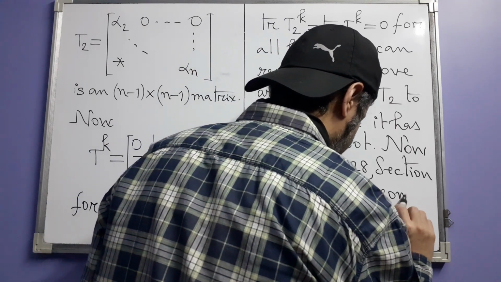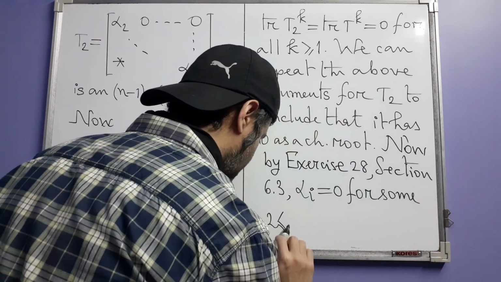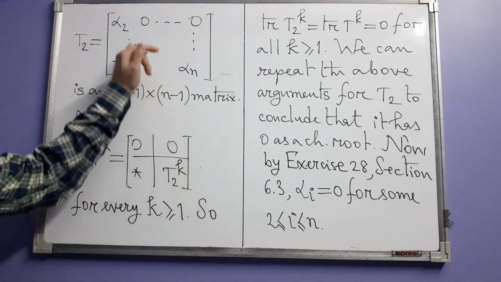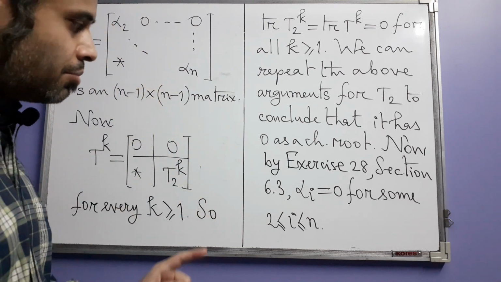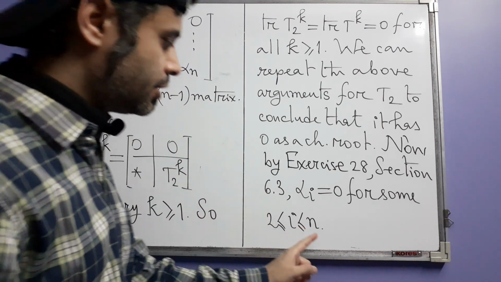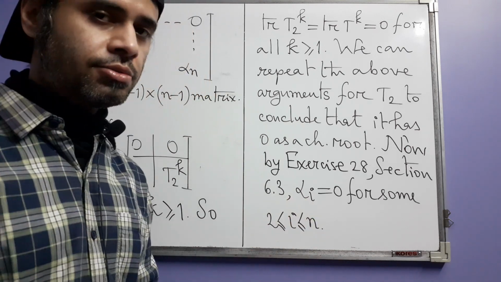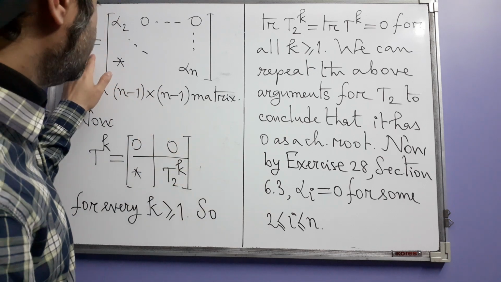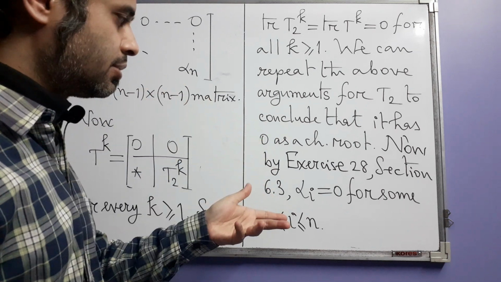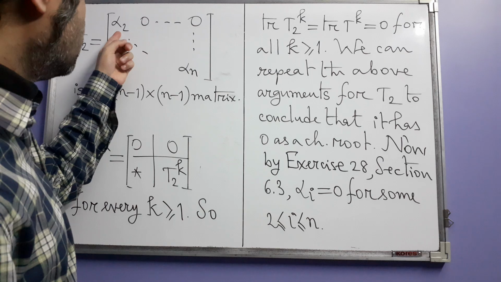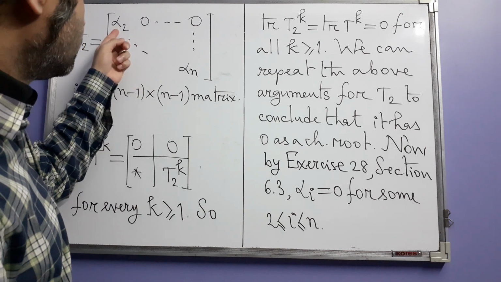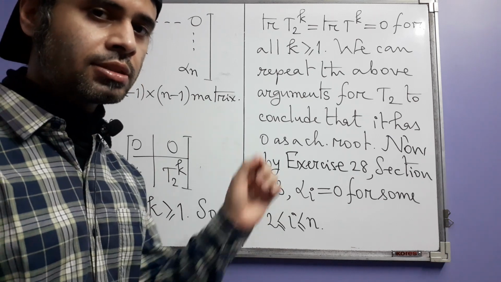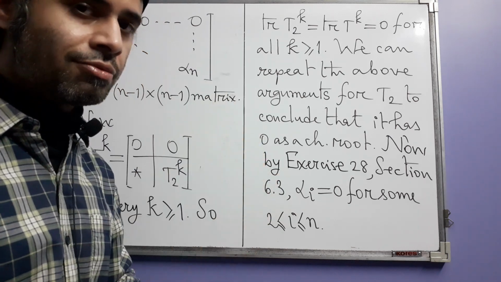For some i. Not necessarily 2, but we can assume without loss of generality that i is equal to 2. If not, you know what to do. In place of T2, you can write another matrix in which you just change the positions of this 0 characteristic root with the first one, with alpha 2.